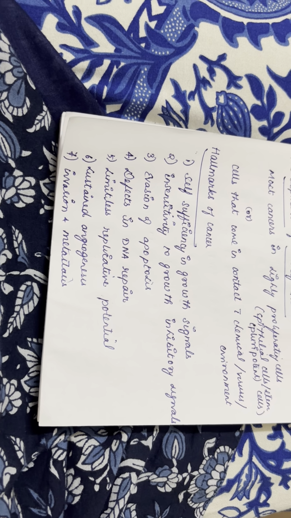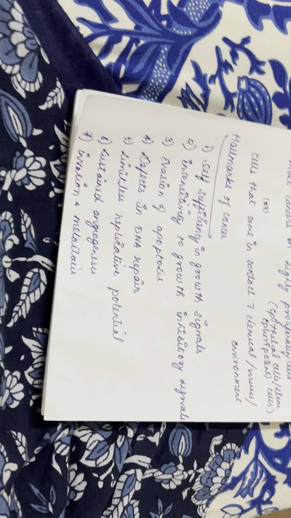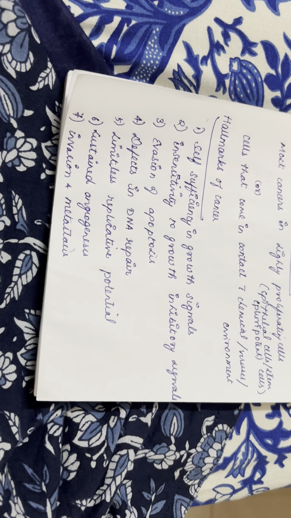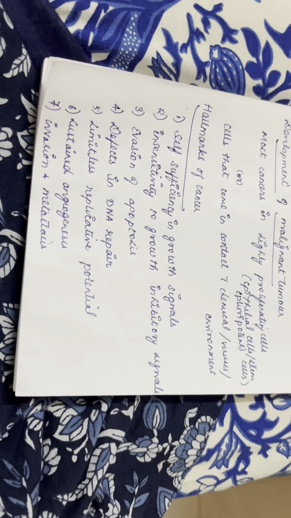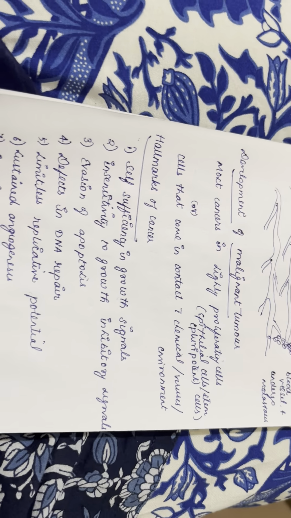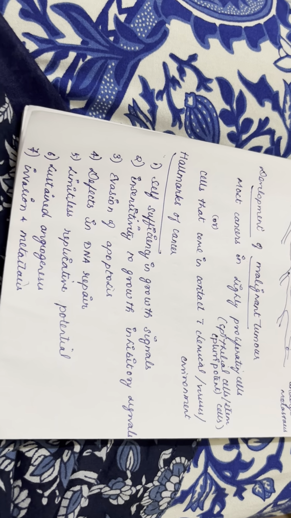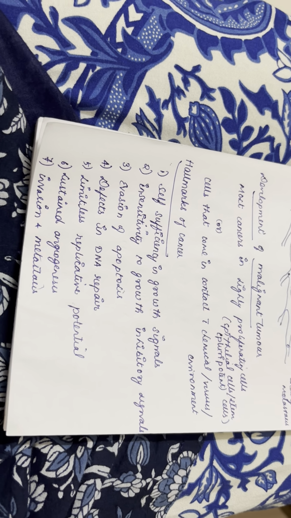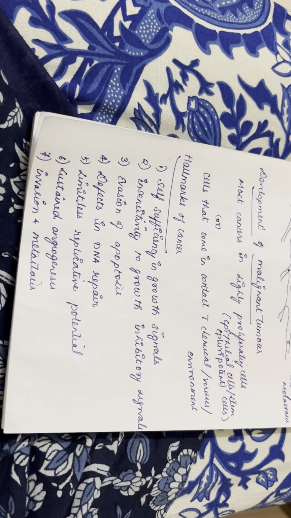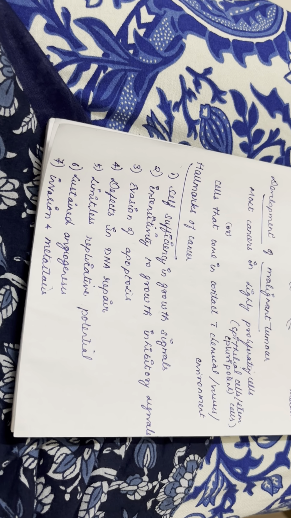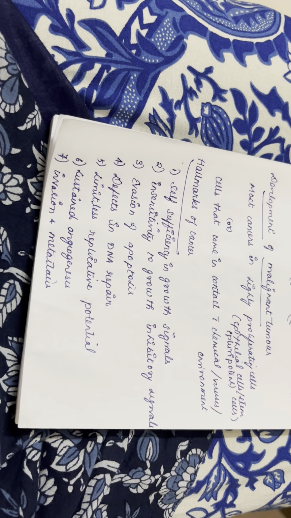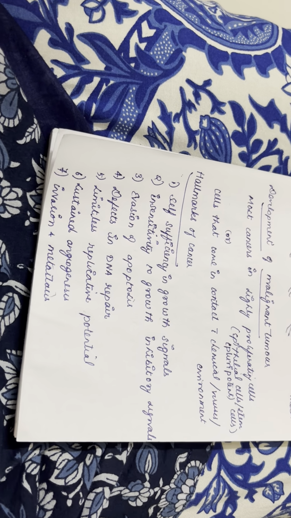And then evasion of apoptosis is the third thing. What is evasion of apoptosis? Normally, if the cell undergoes damage, it will try to repair itself. If the repairing mechanism doesn't work out, what happens? Normally it undergoes suicide, which leads to apoptosis.